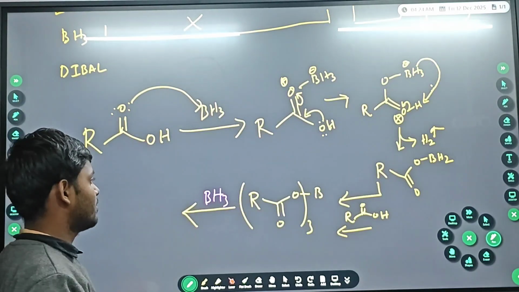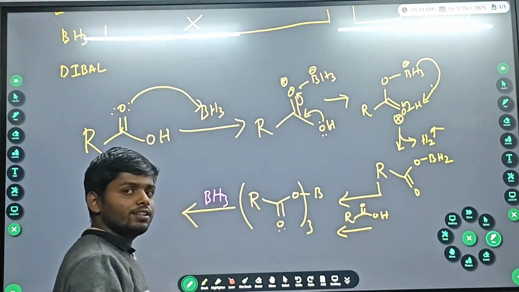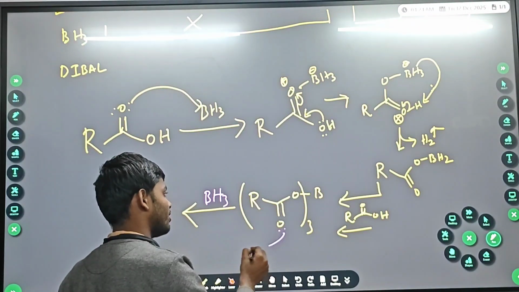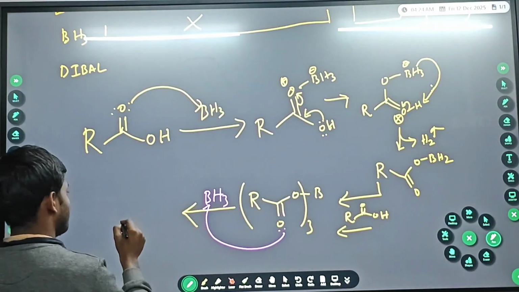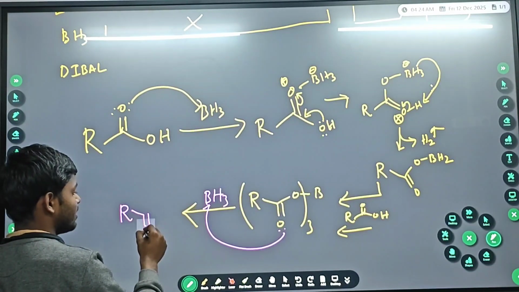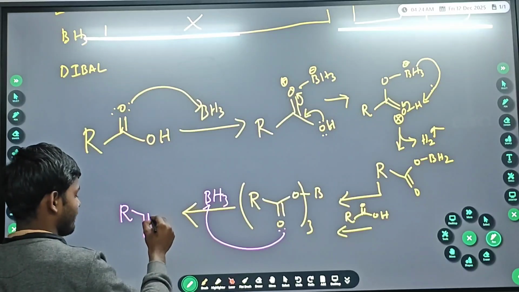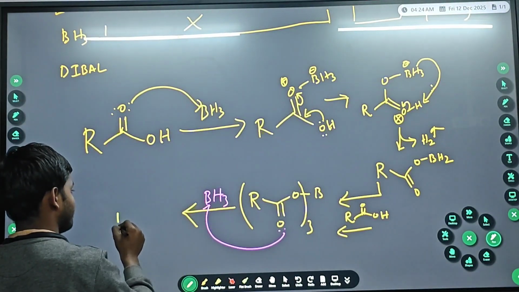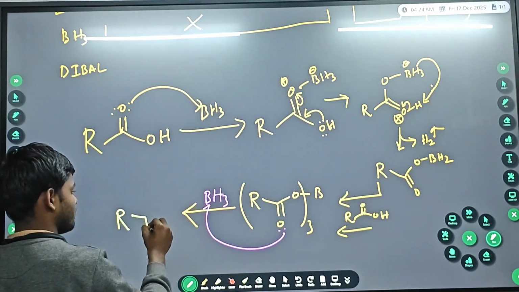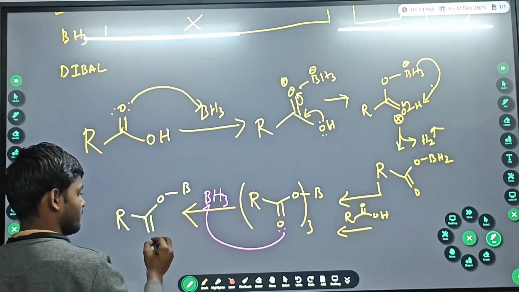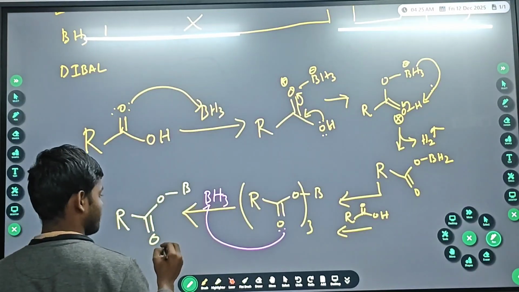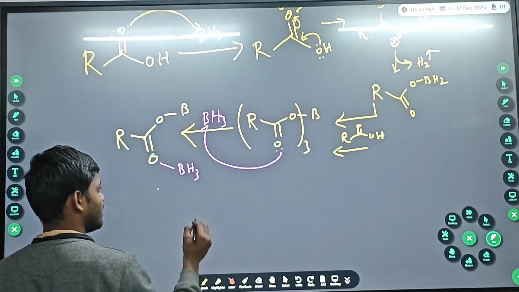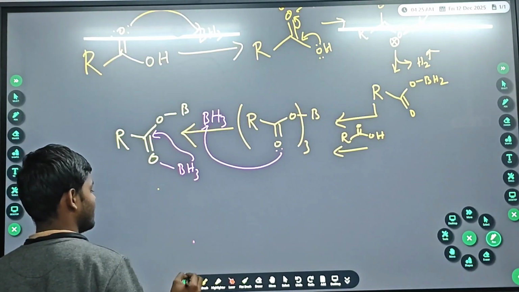So after this there is again a species highly more nucleophilic than this. So it will attack on the borohydride again. This will make this product, and this will produce the hydride.